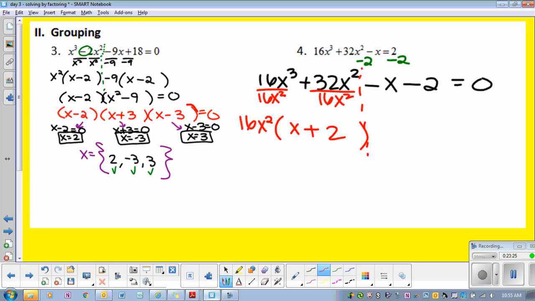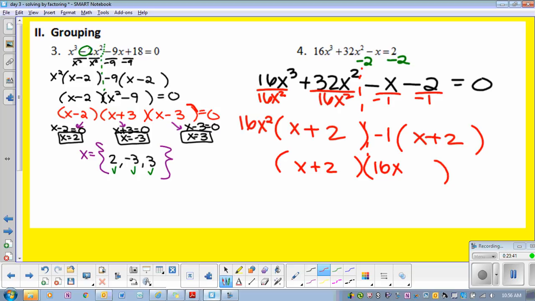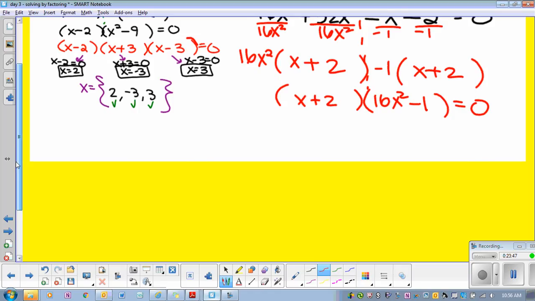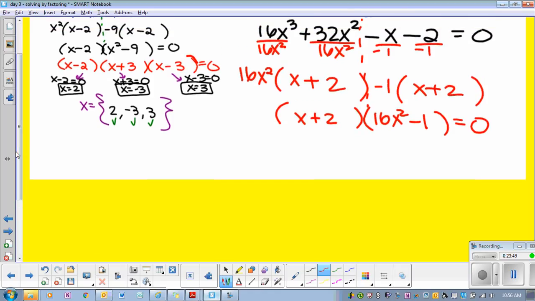Now on the right-hand side, what is my GCF? Yeah, -1. Good. So I have x plus 2 times 16x squared minus 1.